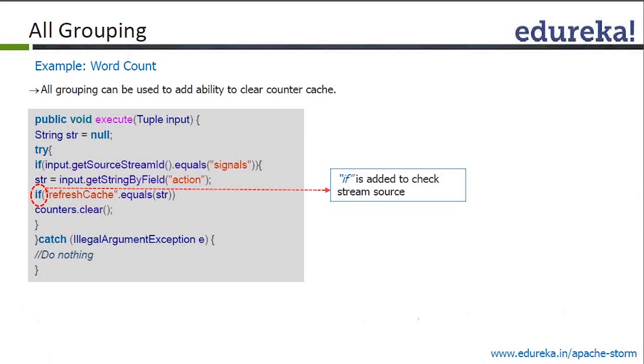So here, if the source of my stream is signals and the value which is coming in is equal to refresh cache, then I have to just do counters.clear itself. Otherwise, don't do anything.